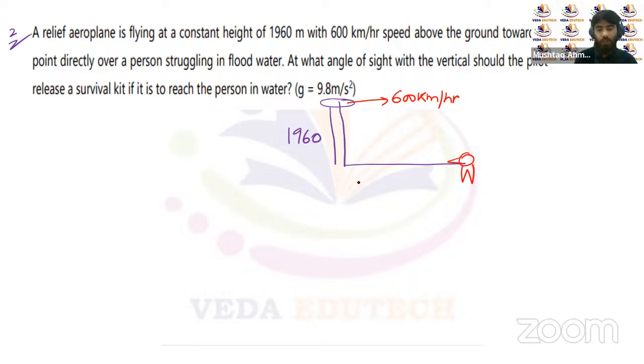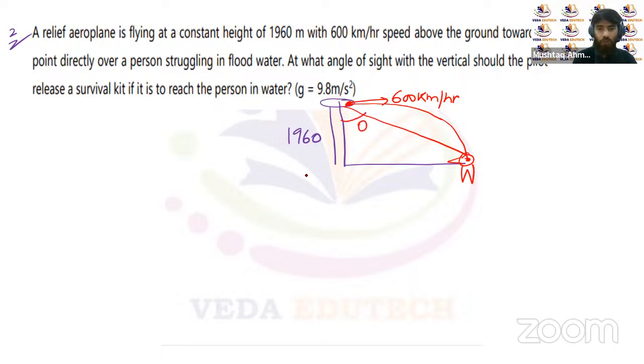This is the line of sight between this aeroplane and this person. If we drop a survival kit from here, it should go along this trajectory and fall exactly at this person, so that he can receive that survival kit. Let's suppose this angle of sight here is theta.